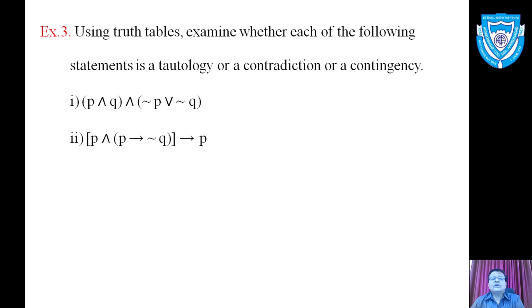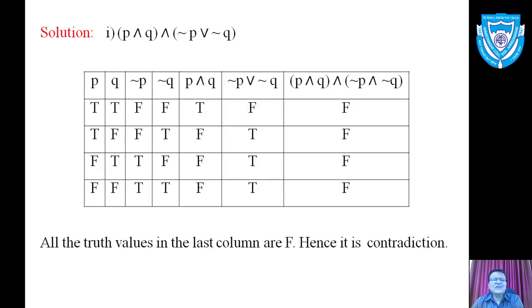Now using truth table, examine whether each of the following statements is a tautology or a contradiction or a contingency. If a statement pattern is given, it has to be a tautology or a contradiction or a contingency. Again, we have to just prepare the truth table, and in the truth table we have to look at the last column.